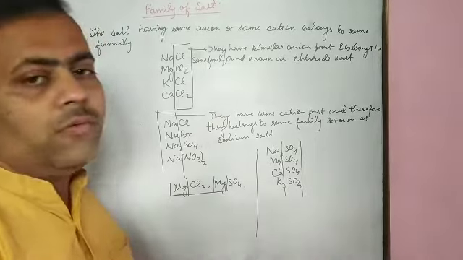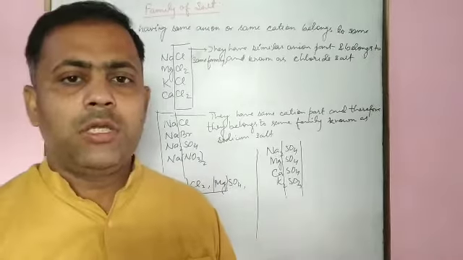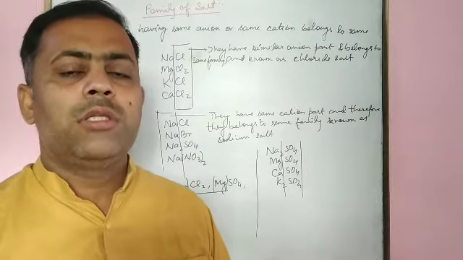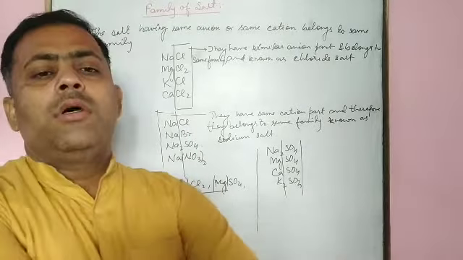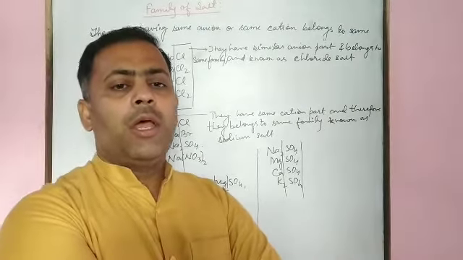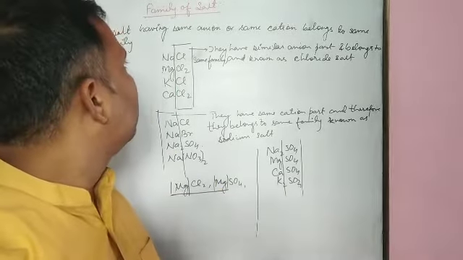By this discussion, what do we know? We know that salts having the same cation or the same anion belong to the same family. This is what we discussed.